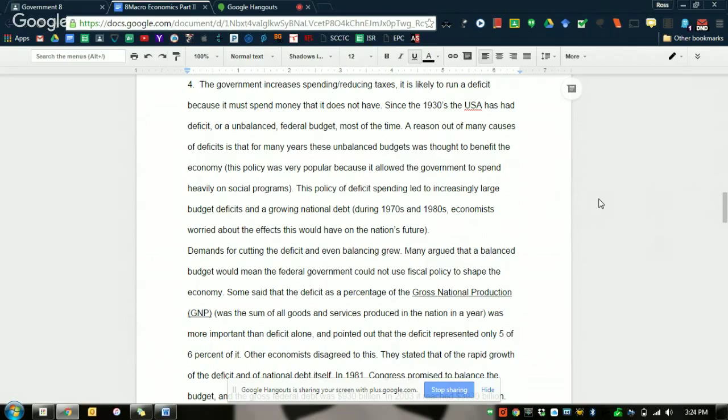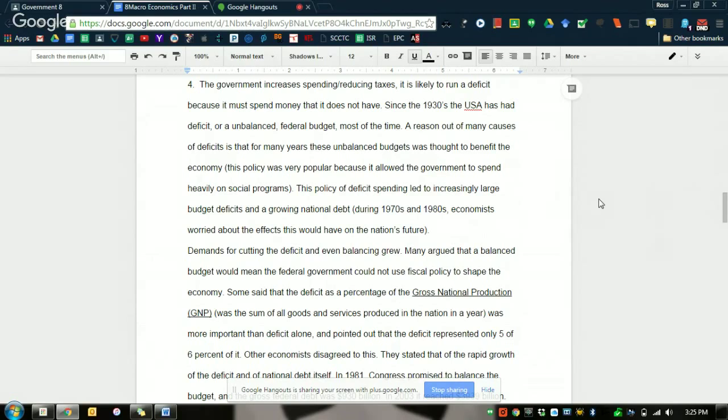But we were doing so in an attempt to get the economy rolling, to boost our economy and get it to a level that we felt comfortable with. But economists were worried that having these multiple deficits in a row, contributing to a large national debt, could have an adverse effect, or a very bad effect, on our nation in the future.